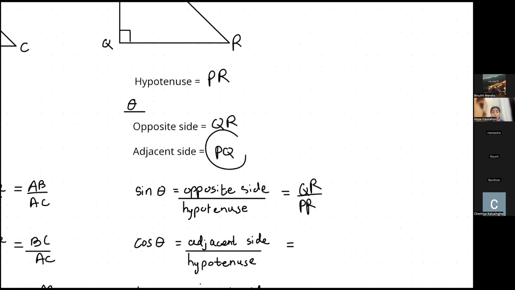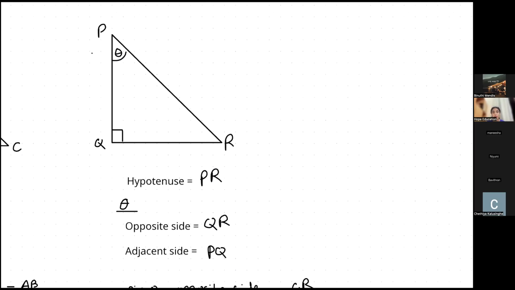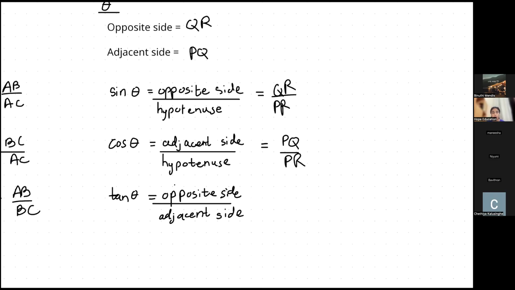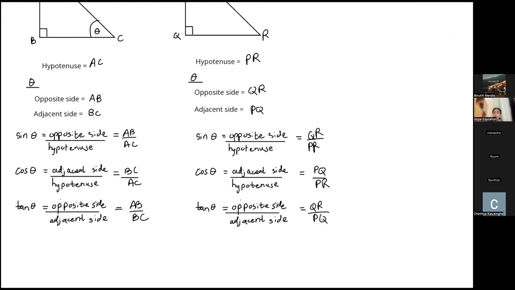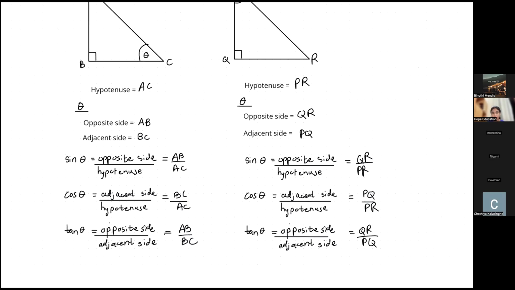So that would be PQ over PR. Then tan theta is opposite side over adjacent side. Opposite side is QR, adjacent side is PQ, so QR over PQ. This is how we identify opposite side, hypotenuse, adjacent side, and express different trigonometric ratios like sine, cos, and tan. Up to this point, is it clear to all of you?